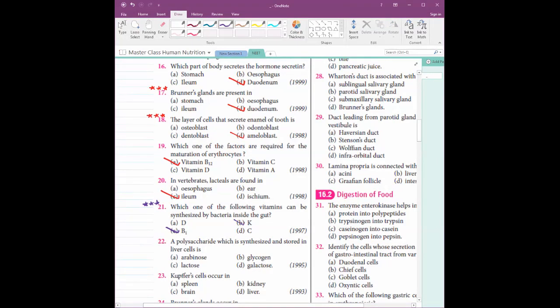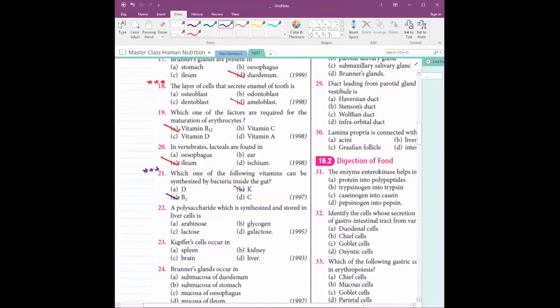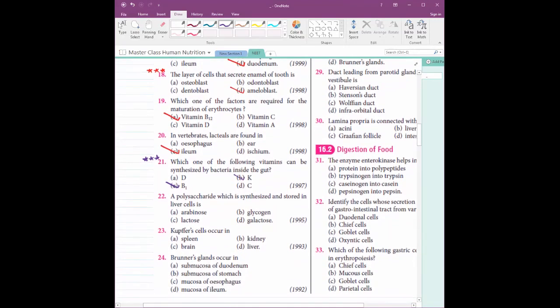According to the earlier papers, vitamin B1 was the right answer. They never used to consider vitamin K, but yes, your bacteria help in the synthesis of vitamin K inside the gut as well. So both of them are actually right.